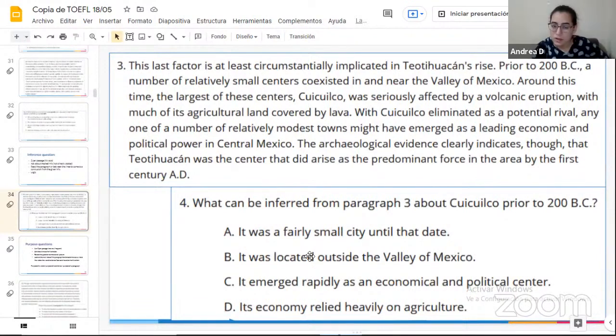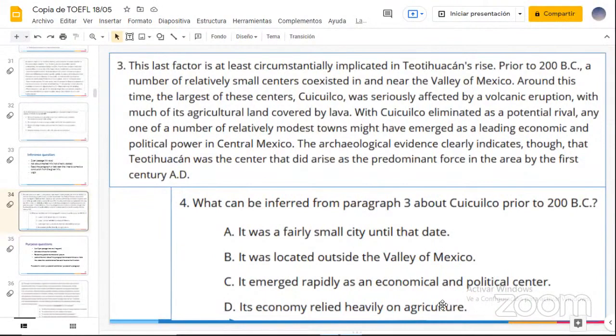So you say when the land was covered by lava, they declined, and that's why you think that its economy relied heavily on agriculture? Okay, that's good. All right, great, good.